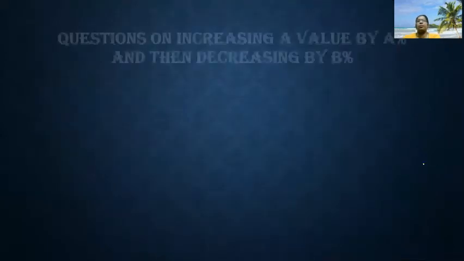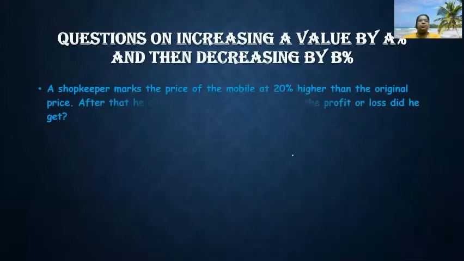Let's go to another example of the same topic. The shopkeeper marks the price of the mobile at 20% higher than the original price. After that, he allows a discount of 5%. What is the profit or loss he got?